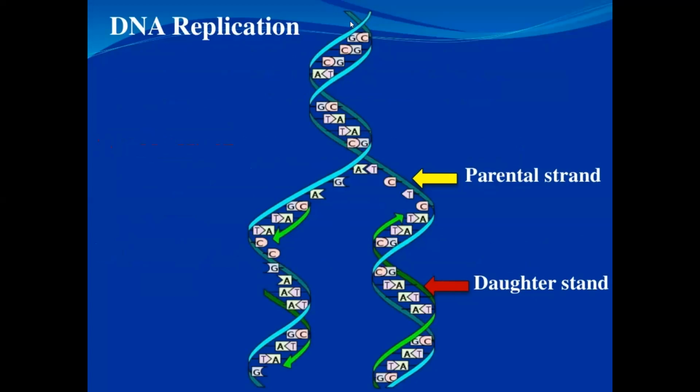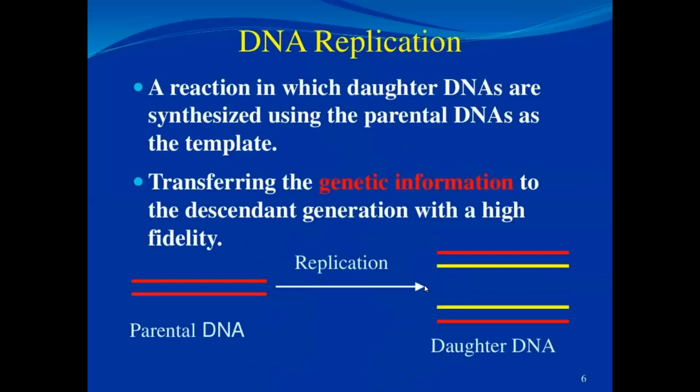From 5 prime to 3 prime and 3 prime to 5 prime, you have two DNA strands that run antiparallel to each other, and always G binds with C and A binds with T. These two parental DNA strands unwind in DNA replication, where each strand acts as a parental strand, and to it a new DNA, the green color you can see, the daughter strand, is formed. So this is, in simple terms, DNA replication.